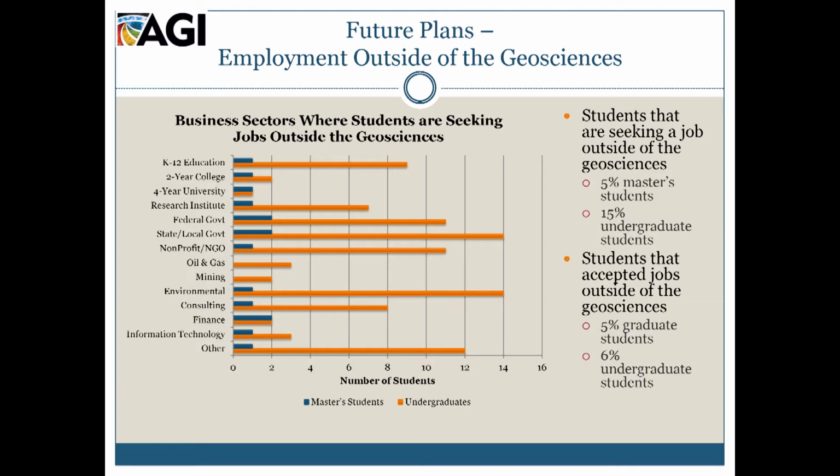And so we saw 5% of the master's students and 15% of the undergraduate students are seeking a job outside of the geosciences. The students that have actually accepted jobs outside of geosciences, 5% of our graduate students and 6% of our undergraduates had actually accepted a job. And again, the sectors are kind of across the board.